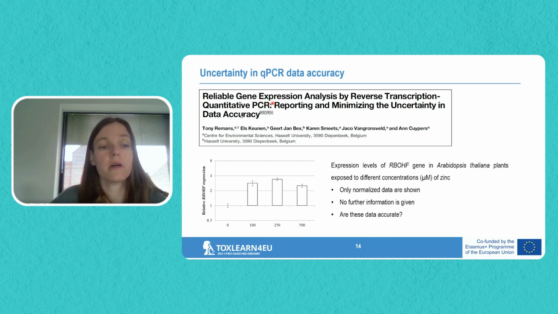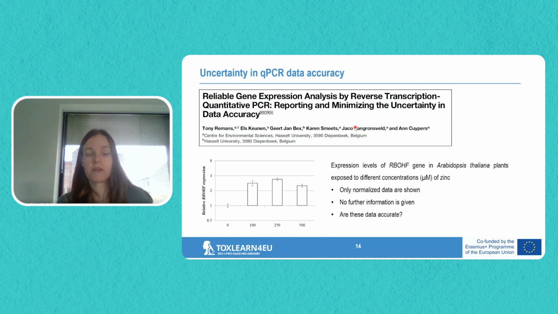So here you see the title of this publication describing the GrayNorm algorithm. So the title is Reliable Gene Expression Analysis by Reverse Transcription Quantitative PCR, Reporting and Minimizing the Uncertainty in Data Accuracy. So this publication will also be made available to you.